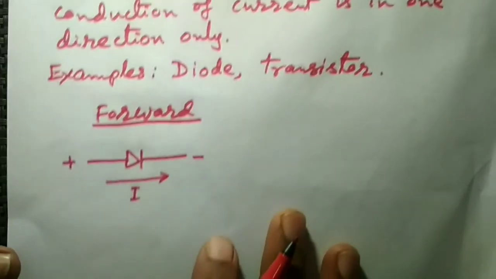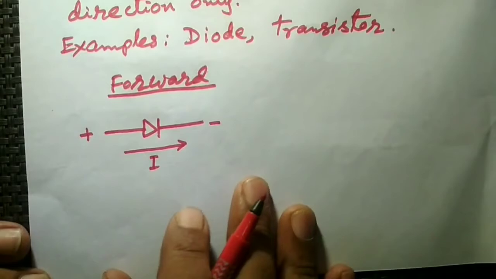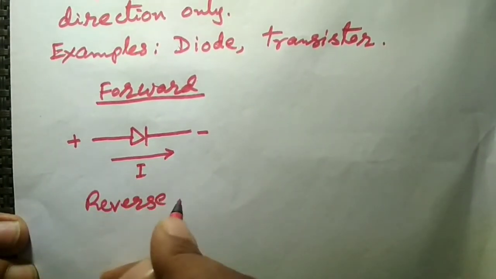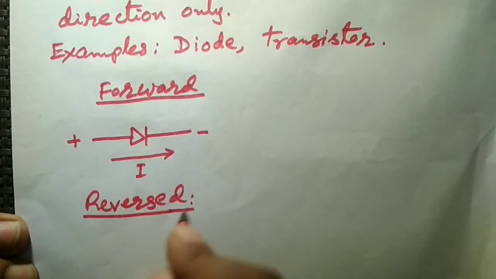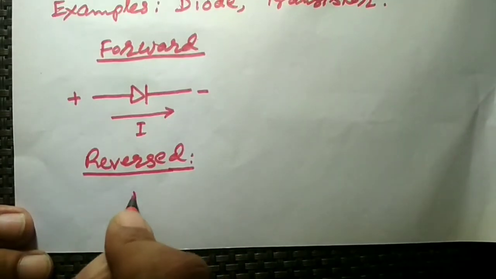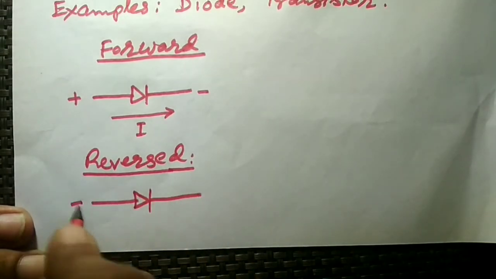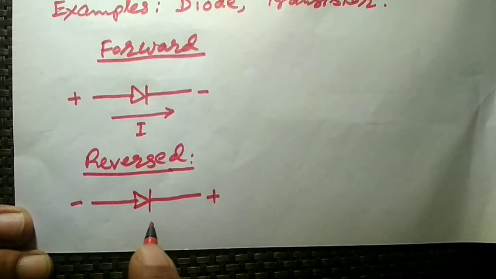And for reverse biased condition, the polarity of the diode will be changed. So in this case, the current will flow in the opposite direction.